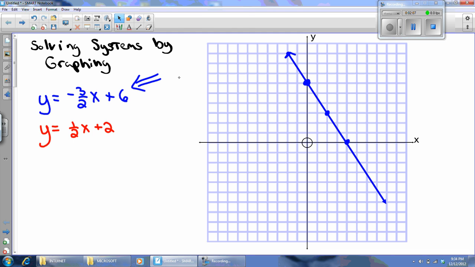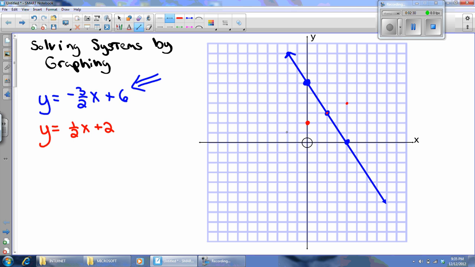And there we go. Okay, now I'm going to graph the red one, and it is in slope-intercept form. The y-intercept of 2 and a slope of 1/2. And look at that. Did you notice I put a red point right on top of the blue point? That's where they're going to cross. That is the solution to my graph.